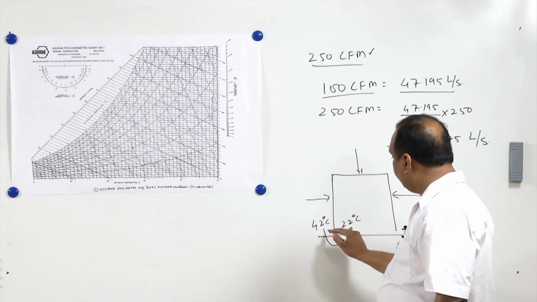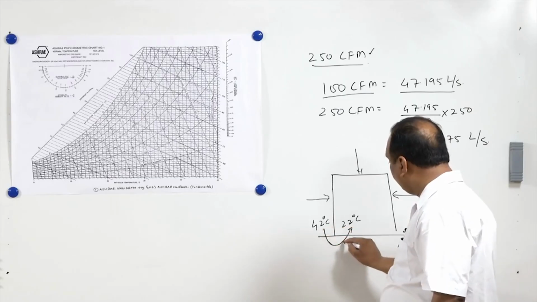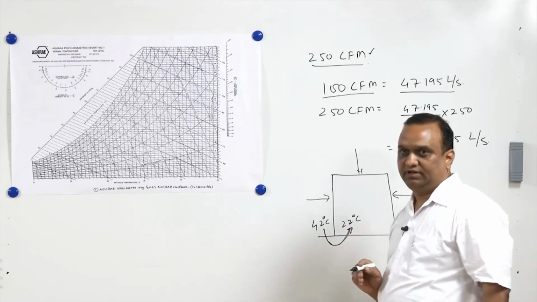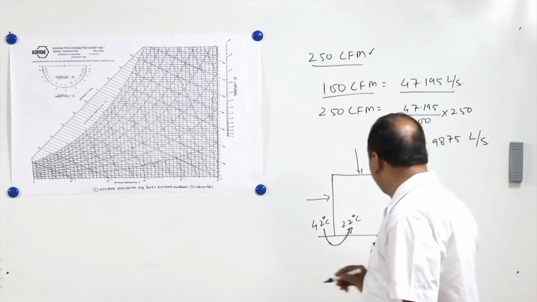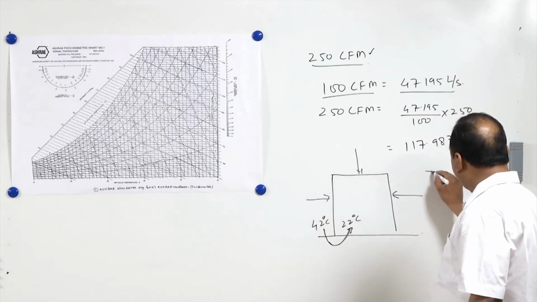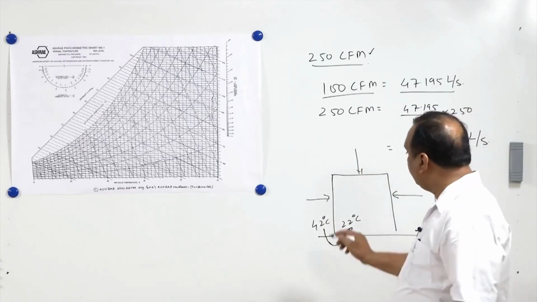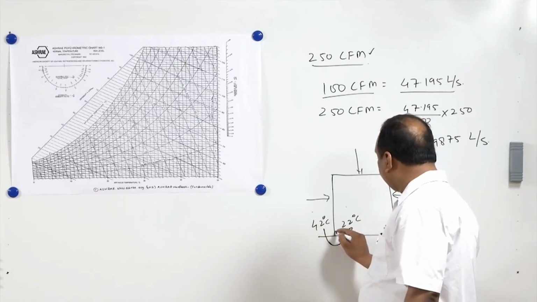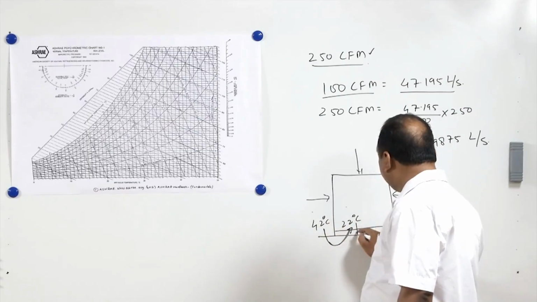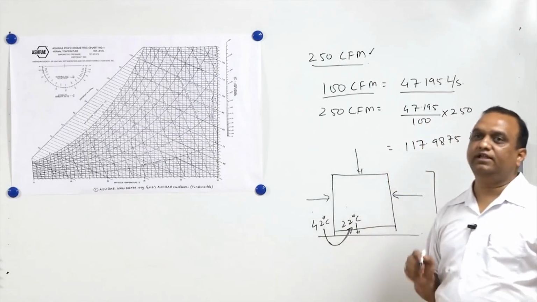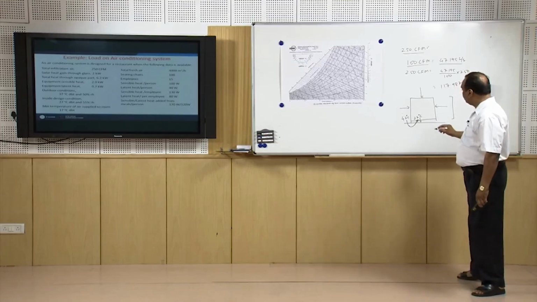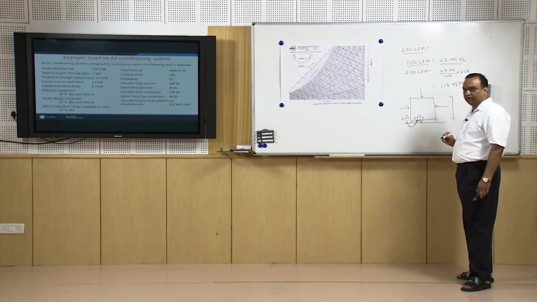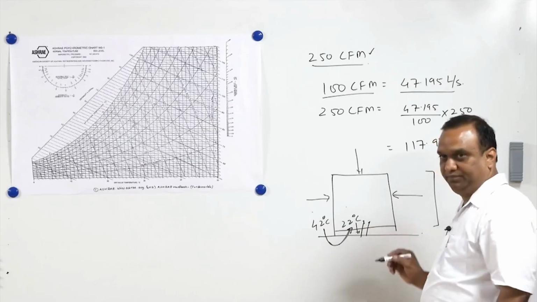There is a temperature differential and heat transfer through the floor also takes place. And especially in the case of winter, when outside temperature is low and inside temperature is high, the floor temperature goes down drastically, and that is why in a building, floor heating is the best kind of heating in winters.